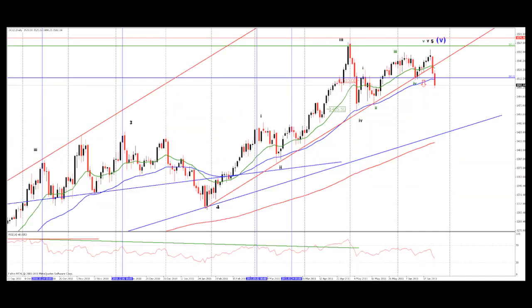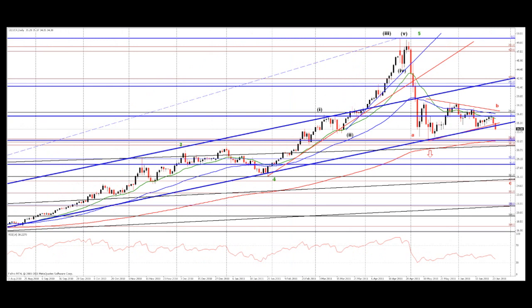Here we have gold, an important break of a strong uptrend at the end of the week, closing below its 50-day moving average. And this is happening as the dollar is breaking out. So it looks like we've reached a long-term top for gold. This is silver breaking down out of a long-term uptrend channel here, as well as a short-term triangle. Very strong break at the end of the week as the dollar was breaking out.